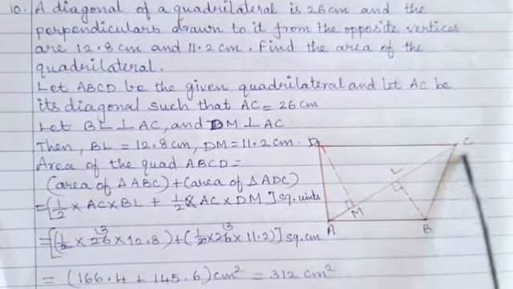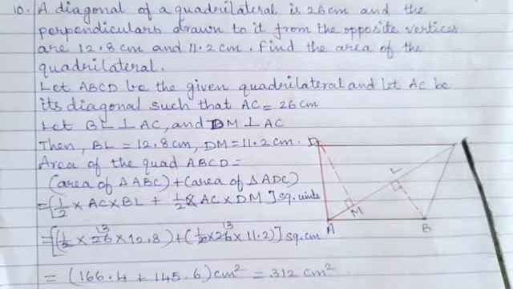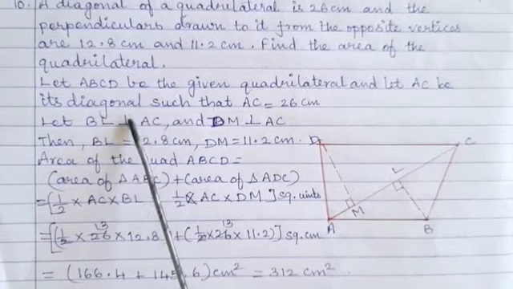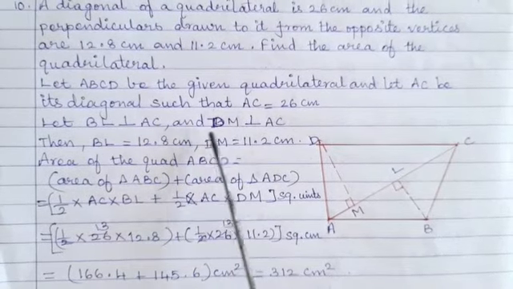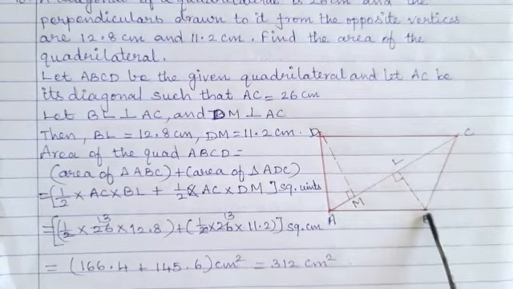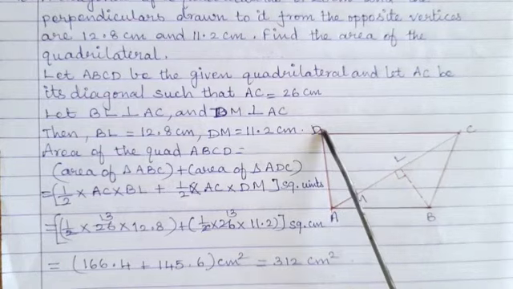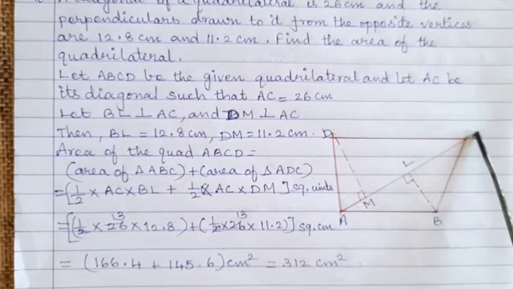ABCD is a quadrilateral. AC is a diagonal. The length is 26 centimeter. Let BL be perpendicular to AC and DM perpendicular to AC. BL, from the opposite vertex corner, is a perpendicular to AC. DM is perpendicular to AC.